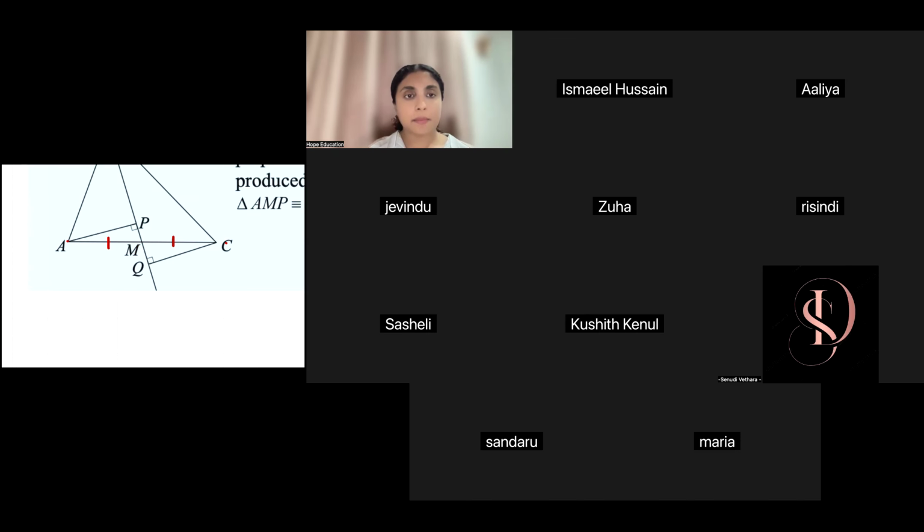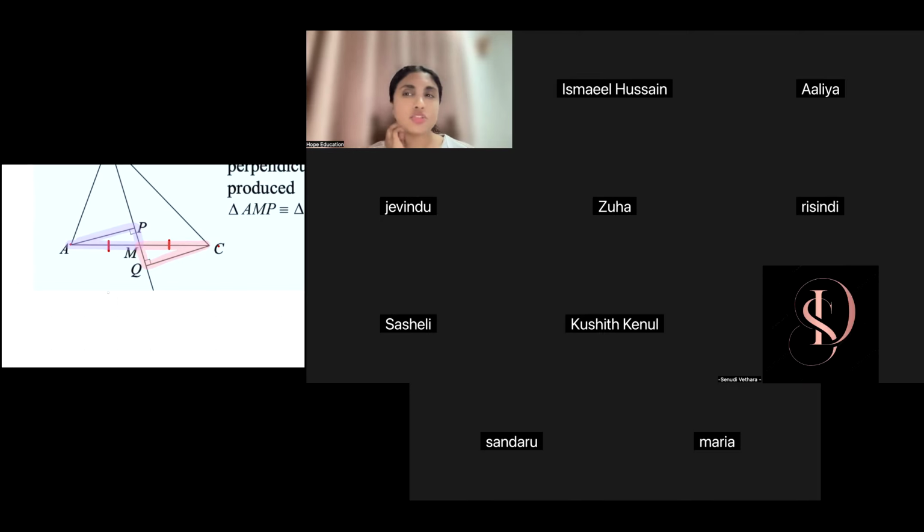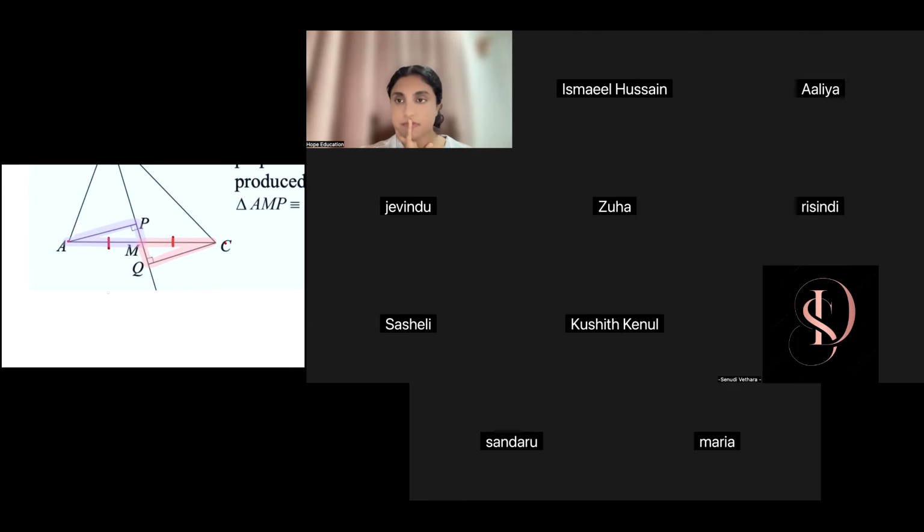AMP is this very small triangle. MQC is this very small triangle. And they're asking us to show that they're congruent. What is the case you used for this? AAS.